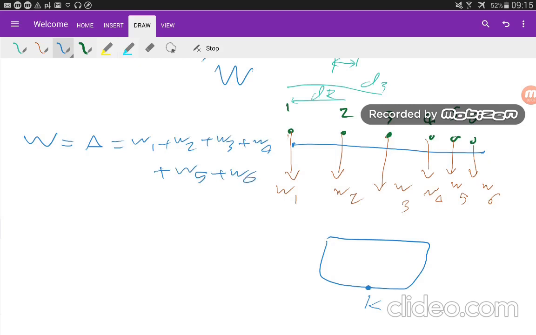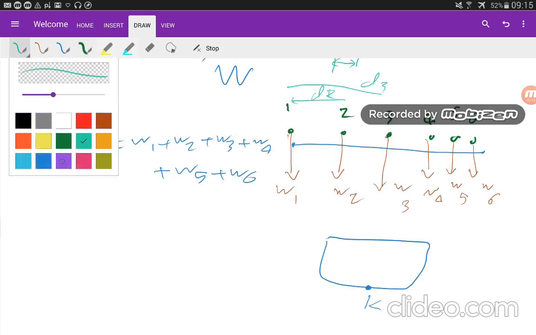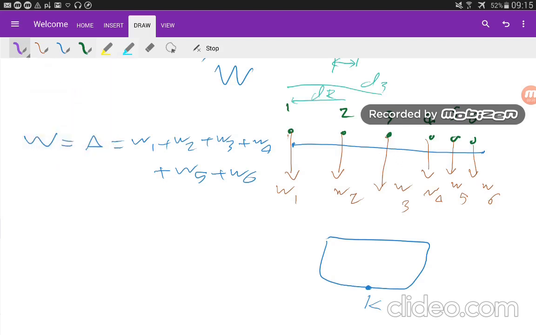So this is the total weight of the vessel, and we don't know currently the position of the center of gravity. We just assume the center of gravity will be here.